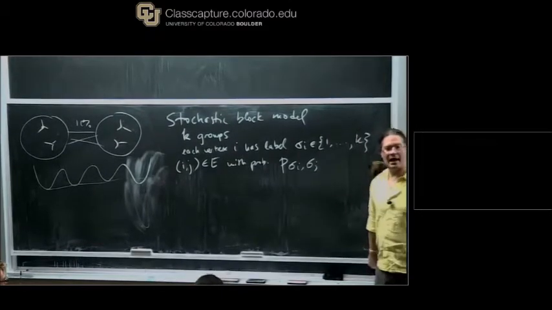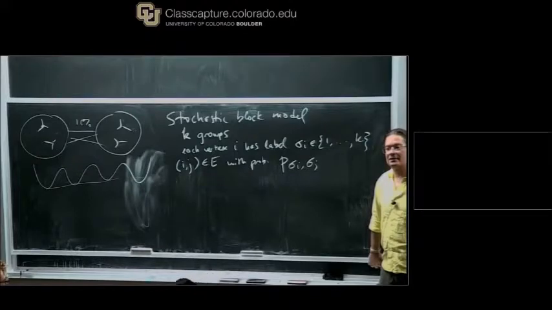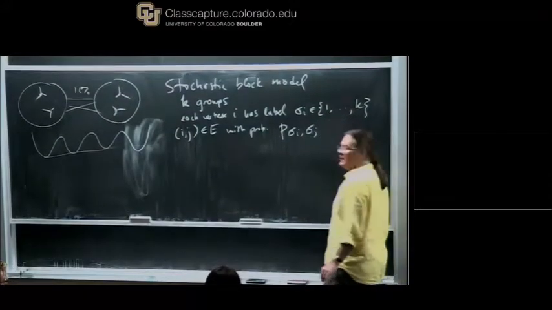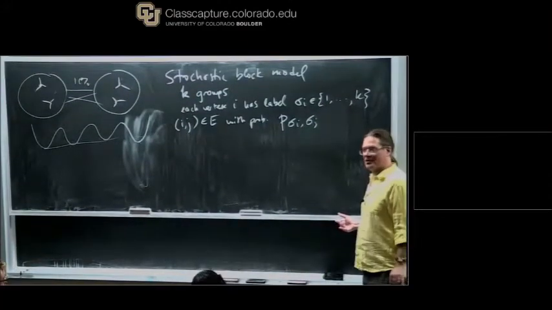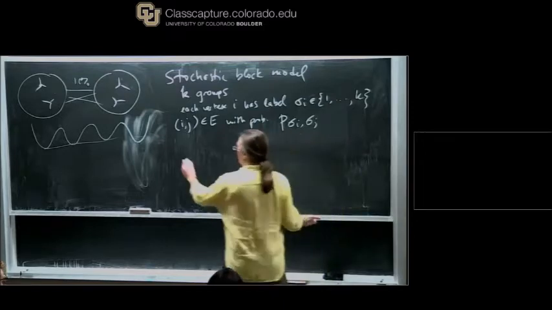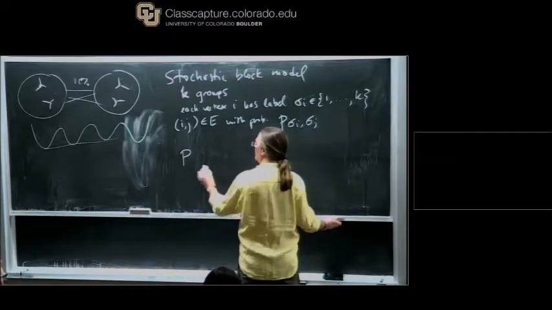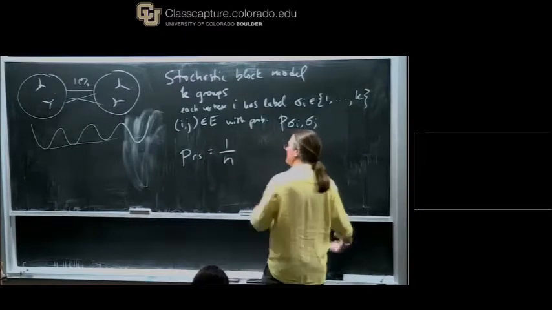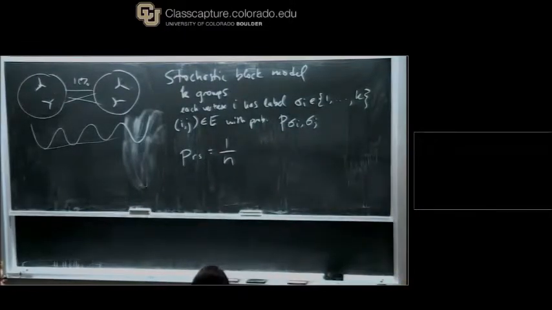Now, yes? Does this give a degree distribution aspect there to show the other one? It will in a moment, yes. So I'm going to work in the following special case. I'm going to say that if you are in group R and I'm in group S, that first of all, I'm going to say the graph is sparse. So I'm going to scale P down as 1 over n.